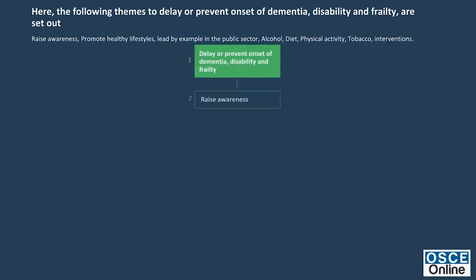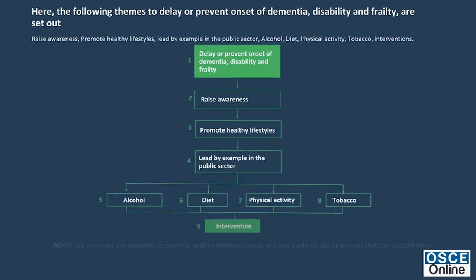Here, the following themes are set out: raise awareness, promote healthy lifestyles, lead by example in the public sector, alcohol, diet, physical activity, tobacco, interventions. So we as nurses are expected to promote healthy lifestyle choices and give guidance about services that can support them.